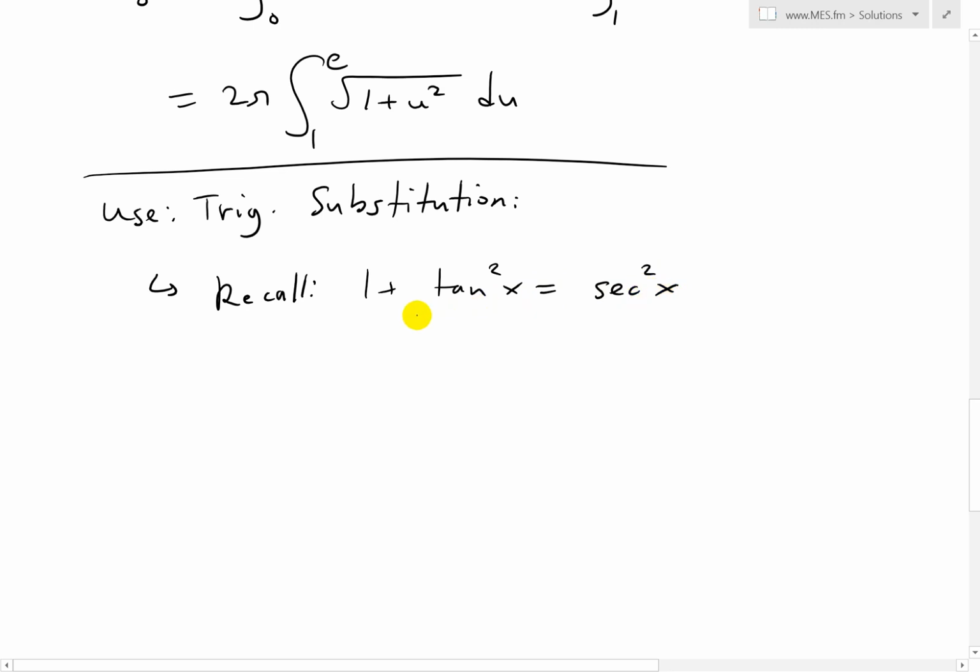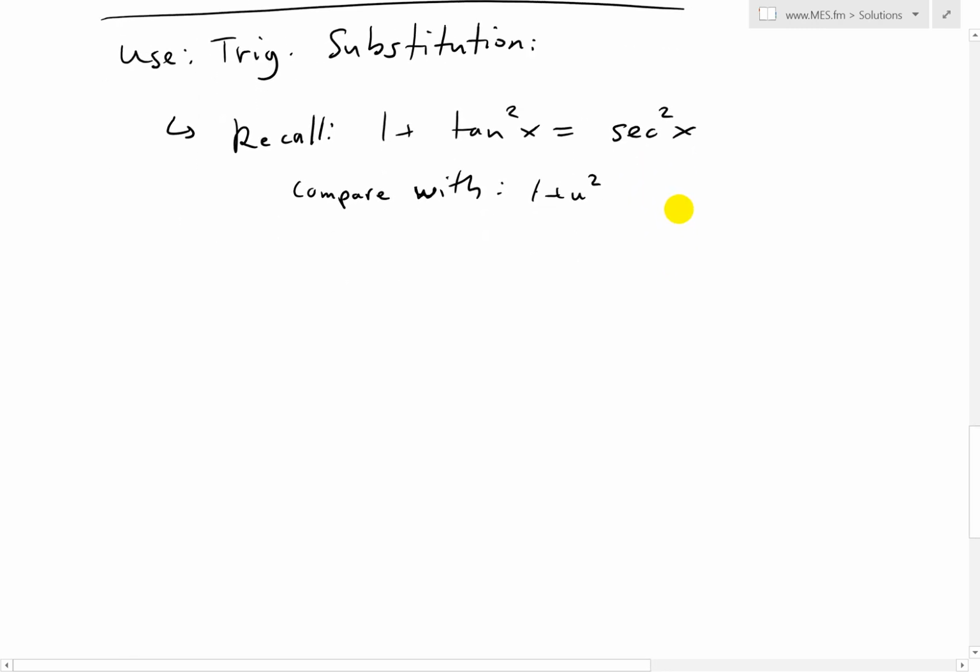Now if you compare it with the function right here, this 1 plus u squared, we can get rid of it if we use a substitution where u equals tangent, and then we could get rid of the 1 plus and just have this trig function, secant squared, and then you can take the square root to make it even simpler.